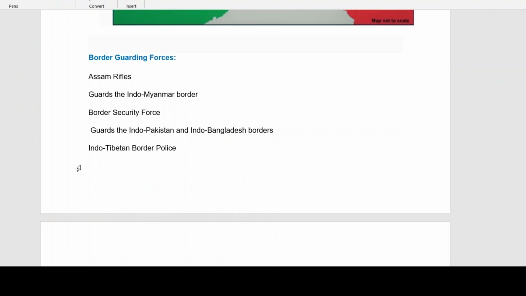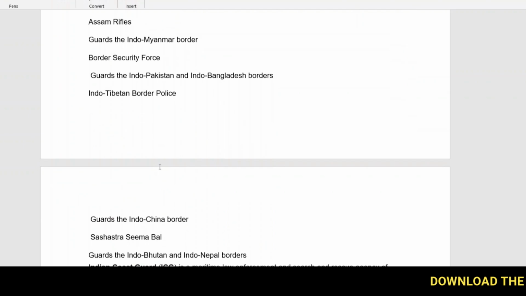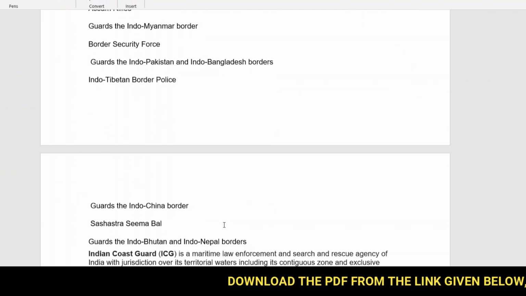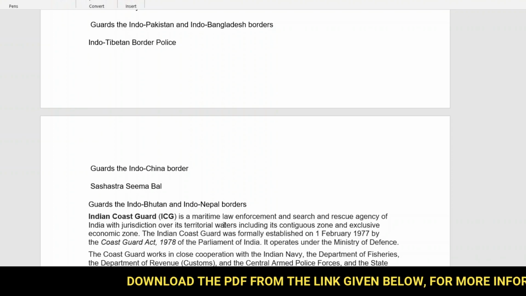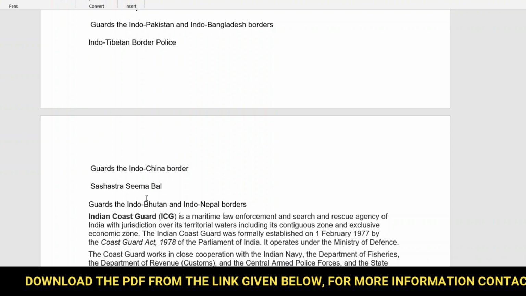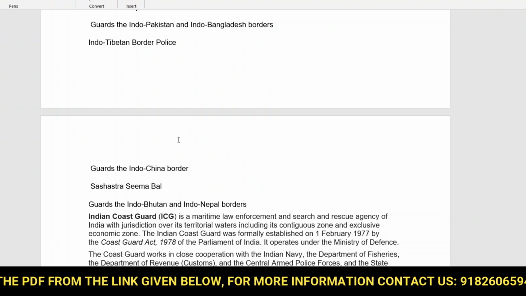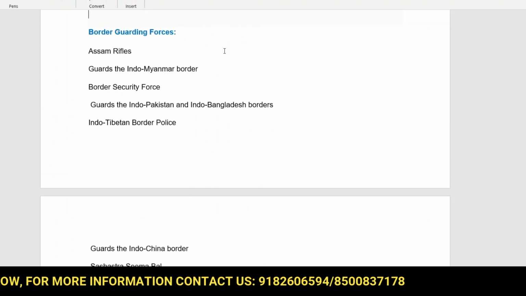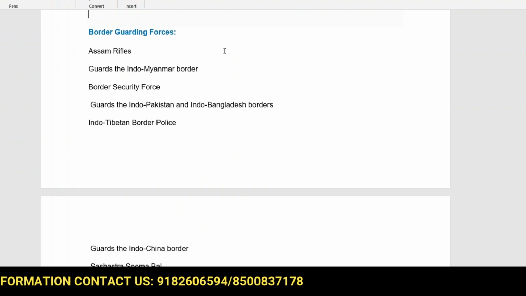The Indo-Tibetan Border Police guards the Indo-China border, and the Sashastra Seema Bal. These are some border guarding forces between India and other countries.